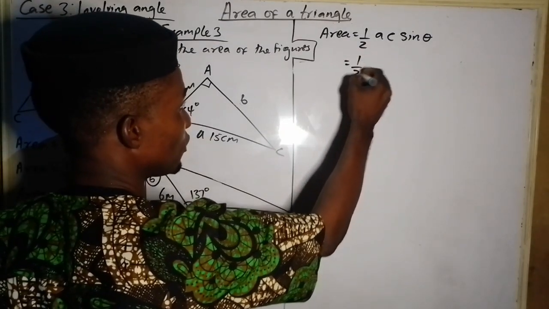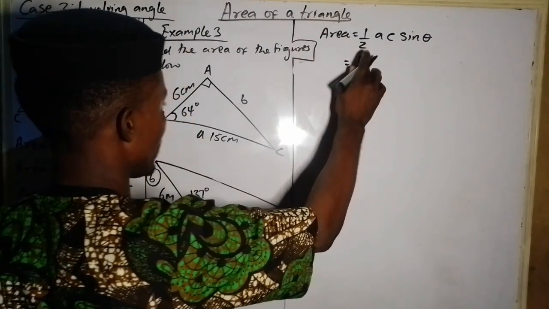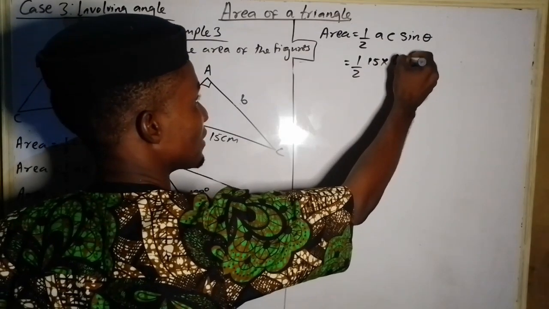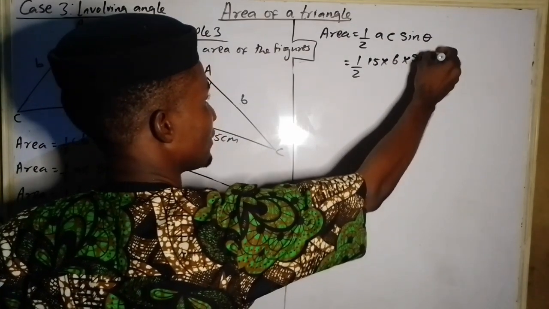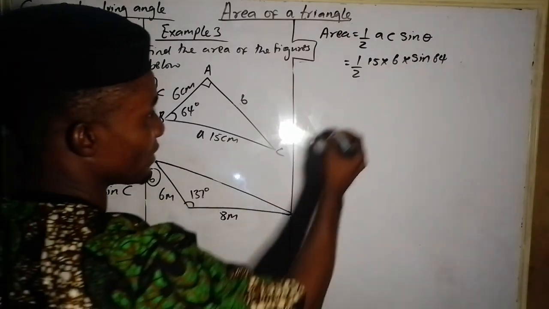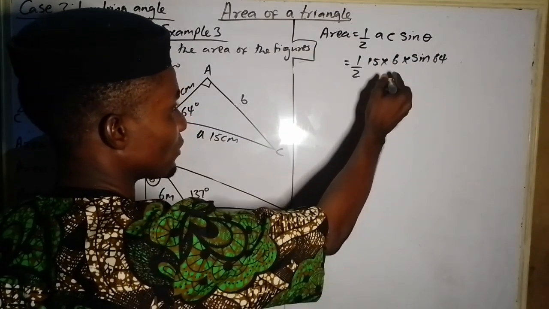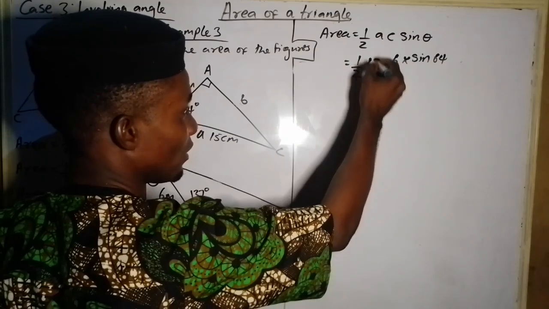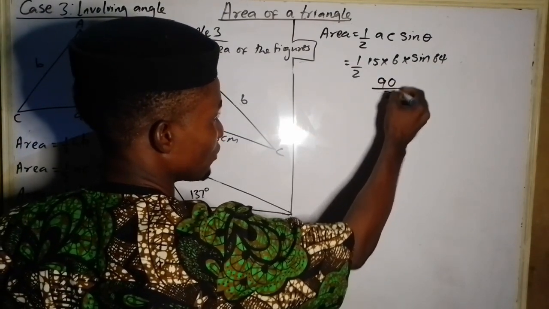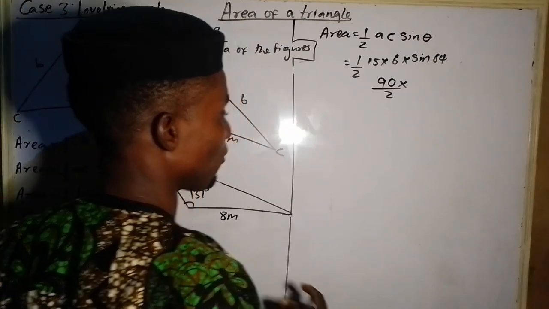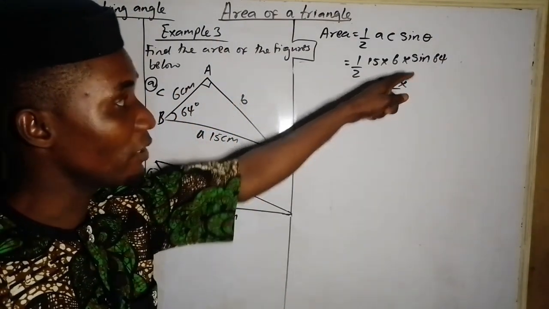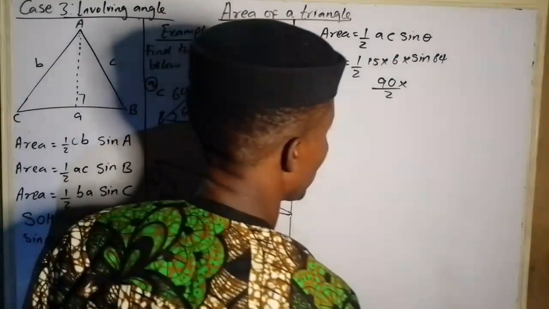So we're going to be having 1 over 2. What is our A? A is 15 times 6 times sine 64. Now, 15 times 6 is going to give us 90. 90 divided by 2 times sine 64. You can make use of your 4-figure table, or you make use of calculator to find your sine 64.